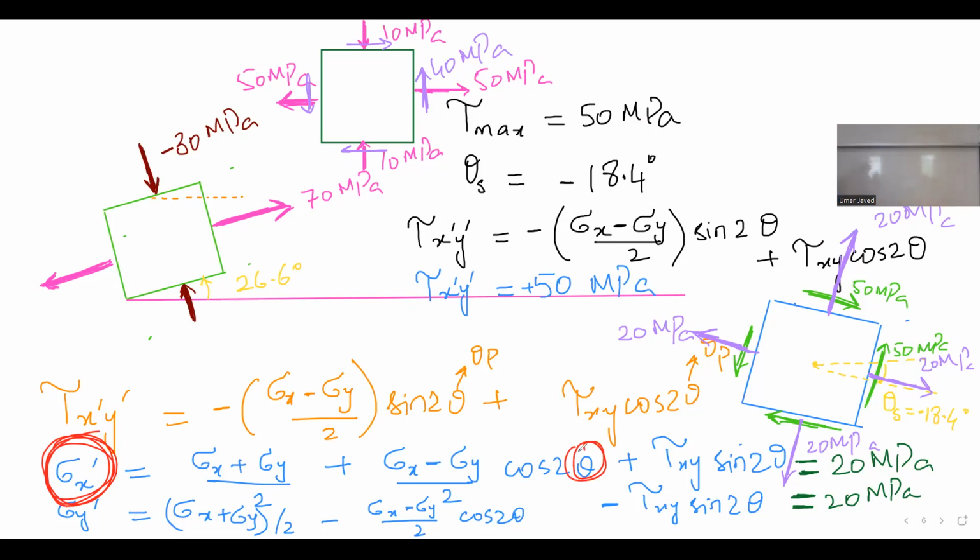That will give you the corresponding principal stress. Then you take the next value of theta p, because you got two theta p's, and put it in the same equation, you will get the next principal stress.